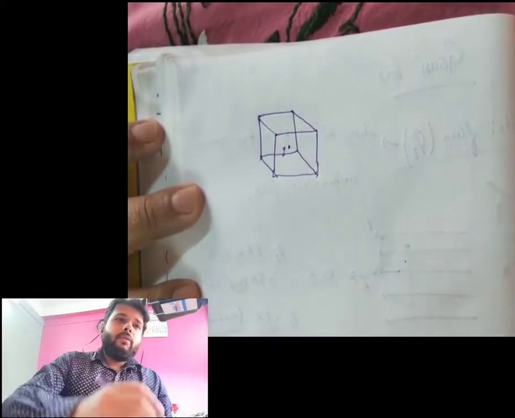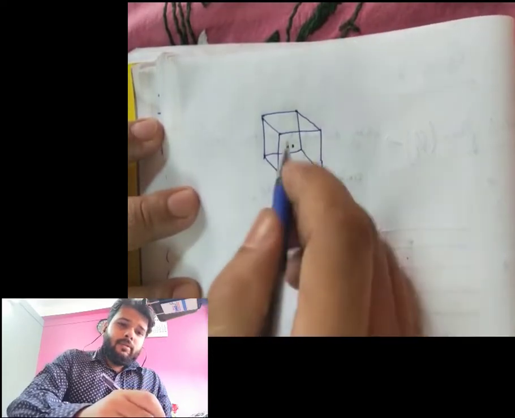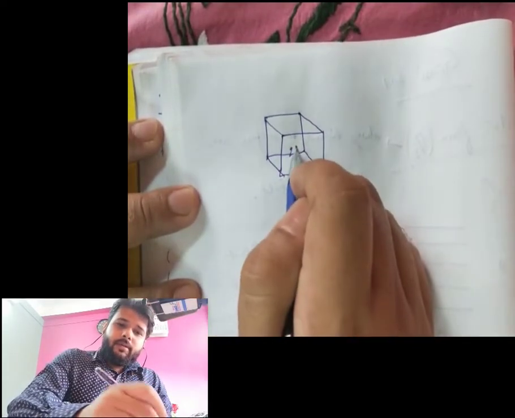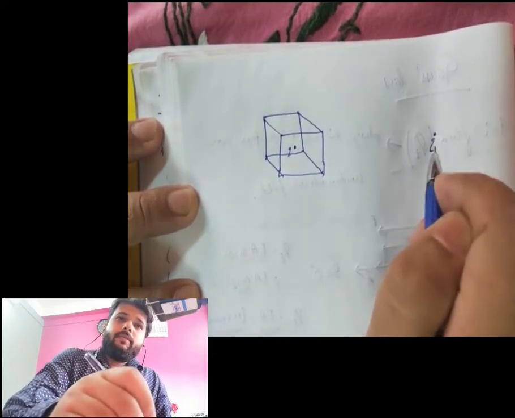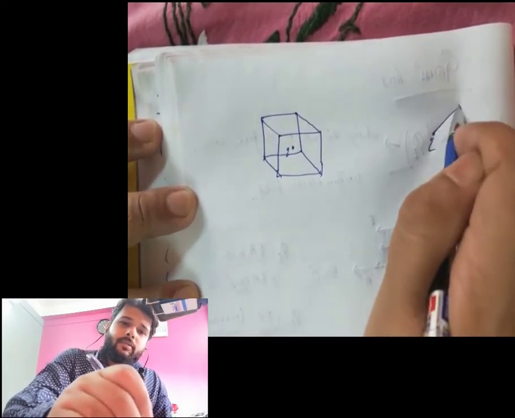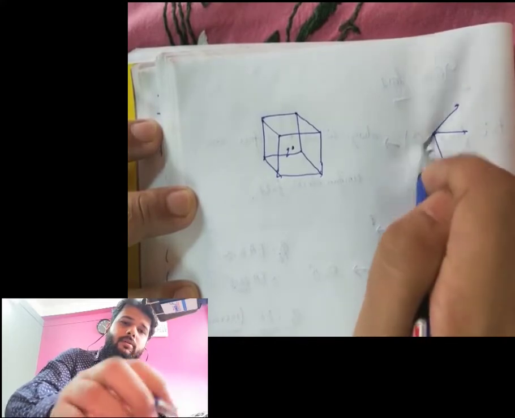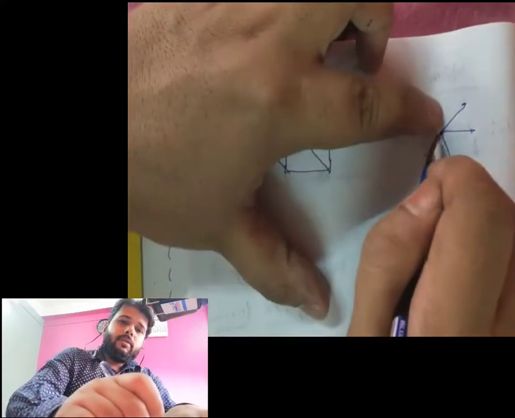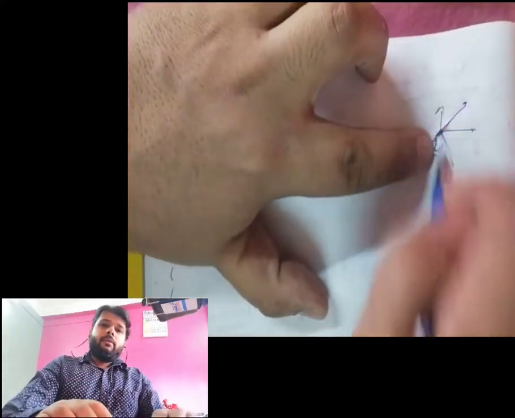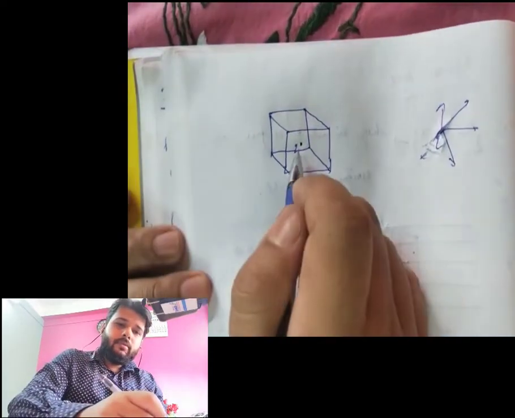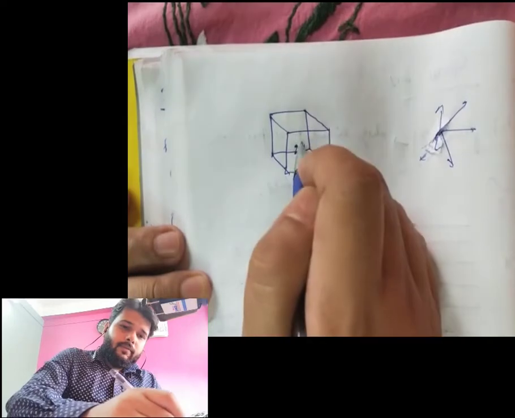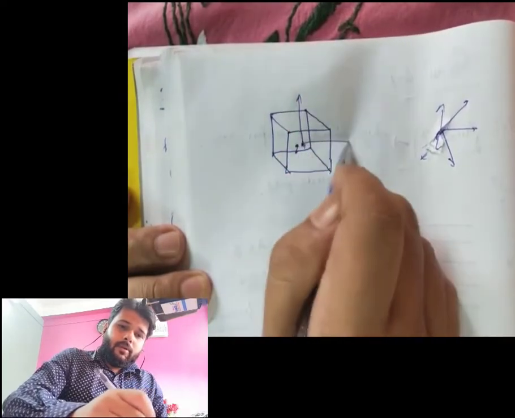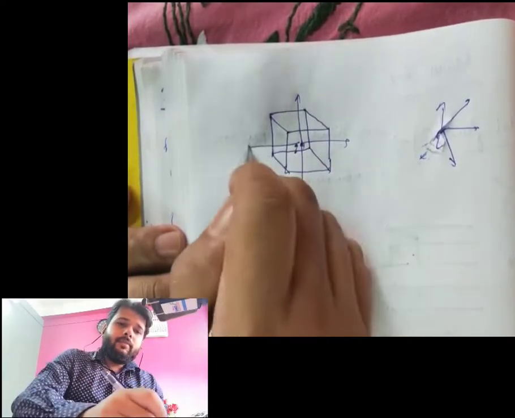Now we all know that if I keep a charge q, the electric lines of force come out from the positive charge q. So the electric field will come out in all directions from here.